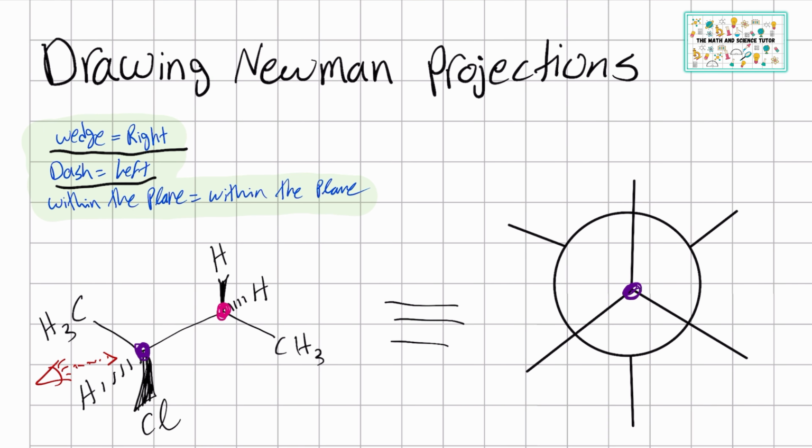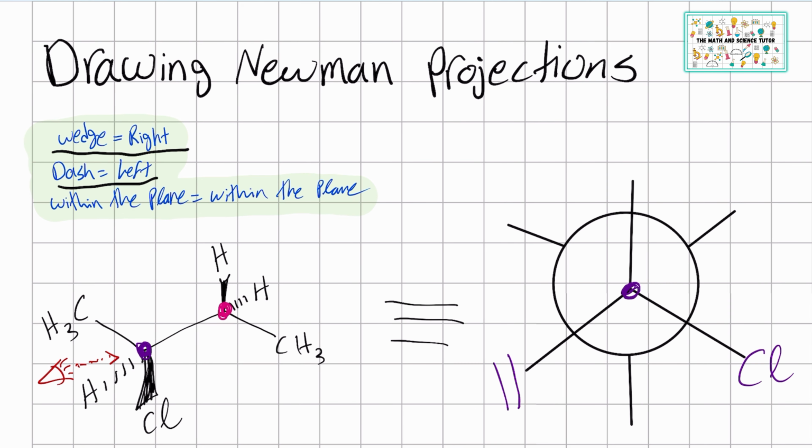We see that the chlorine is drawn on a wedge, so that is going to be on the right side. The hydrogen is drawn on a dash, so it'll be on the left side. And the methyl group is within the plane, facing upwards, so it'll be right here.